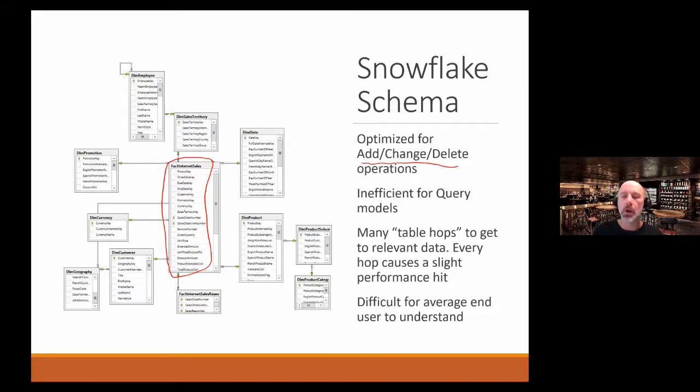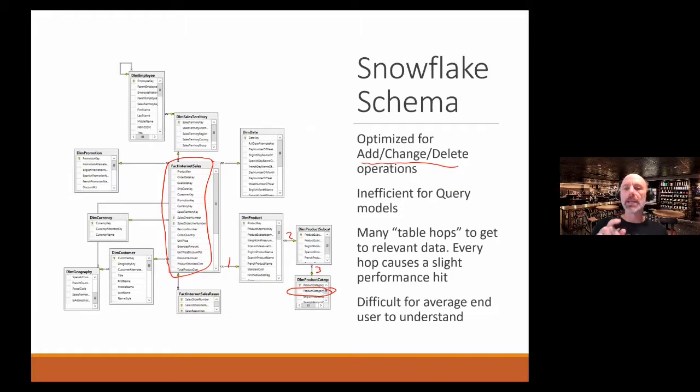You want to group everything by product category. Well, where is product category? It's way down here in this table. So you have to memorize what all these tables are, and you've got to go through 1, 2, 3 different joins to get there to create your model.